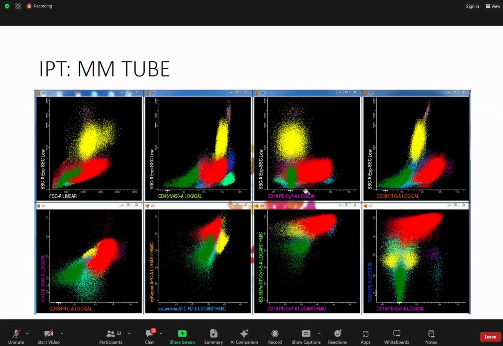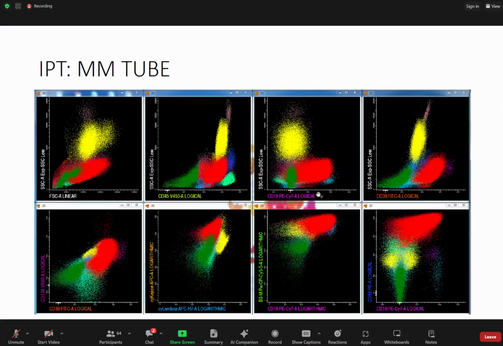It expresses CD19, but weaker compared to the normal B cells. CD38 and CD138 are also positive. The abnormal population shows kappa light chain restriction in the kappa lambda box here. So it's a clonal B cell.